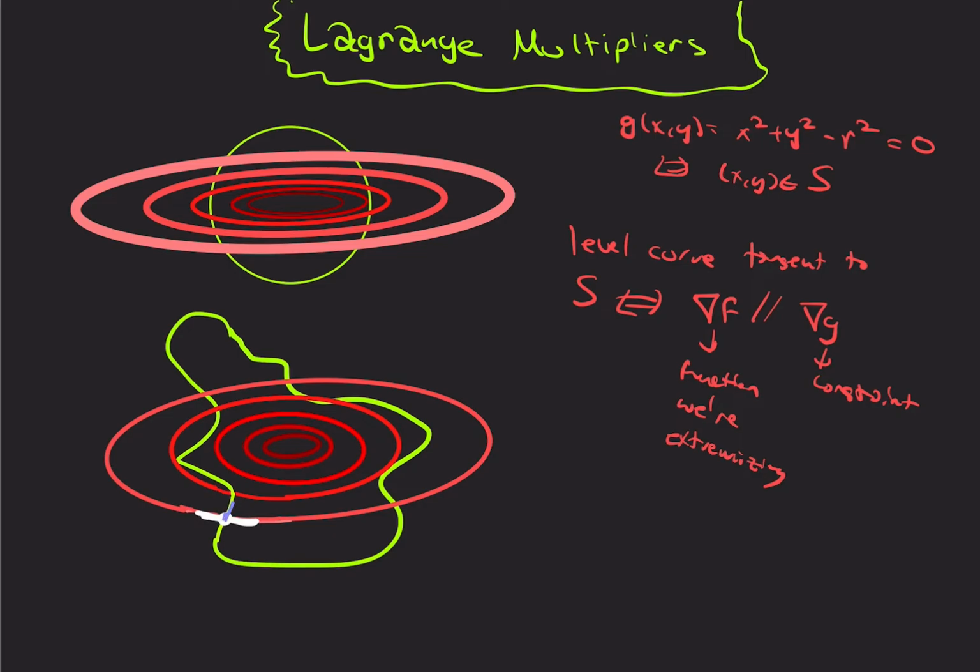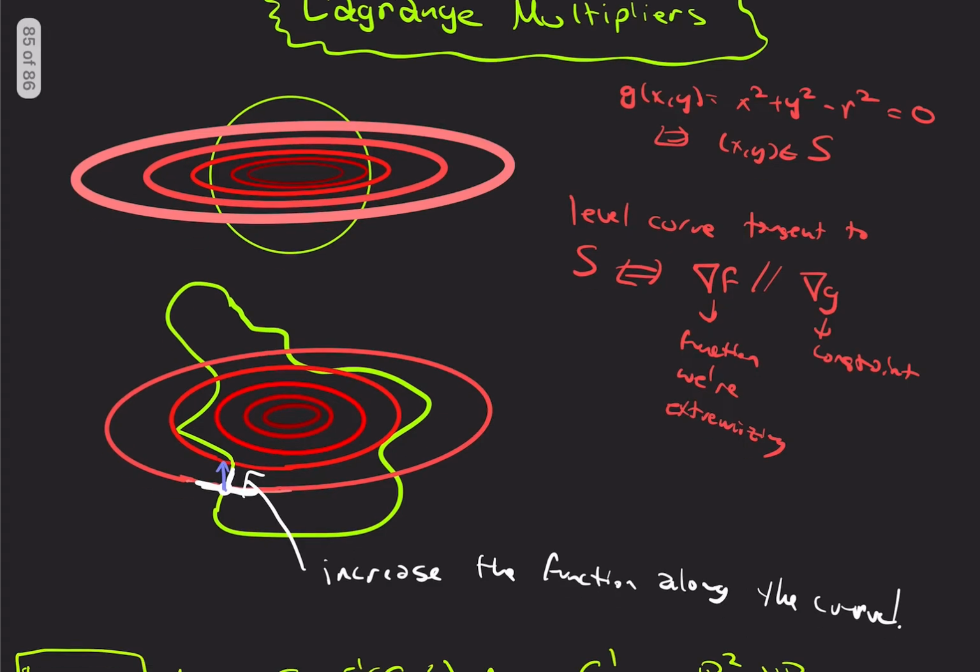And here, I'm going to draw the gradient inaccurately because it looks like I made it orthogonal. But the point is that there's a component of the gradient that moves along the curve locally, and so we can increase the function along the curve. This is how I view it intuitively. There might be better interpretations out on the internet or in certain books, but I think this hopefully motivates a bit of the intuition behind Lagrange multipliers.